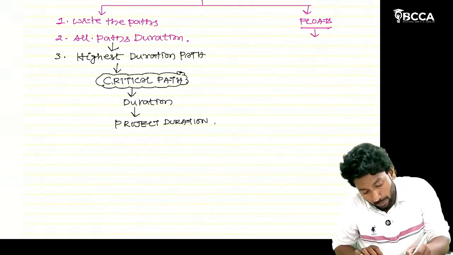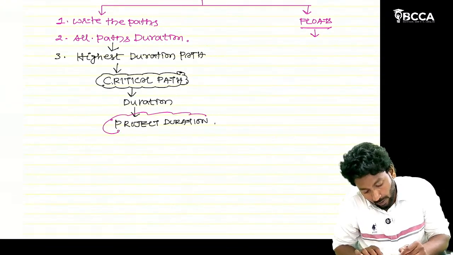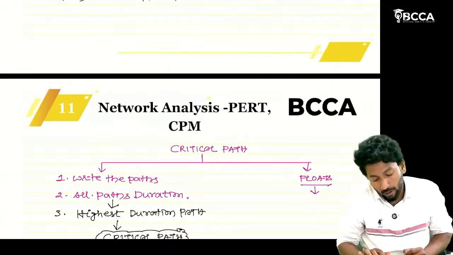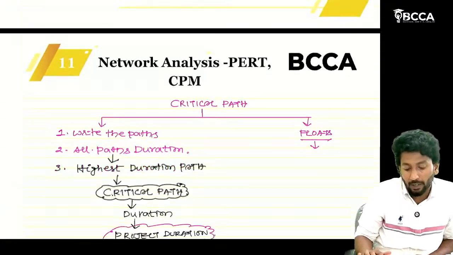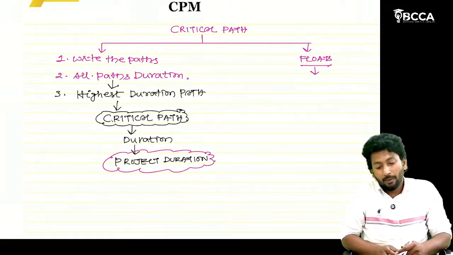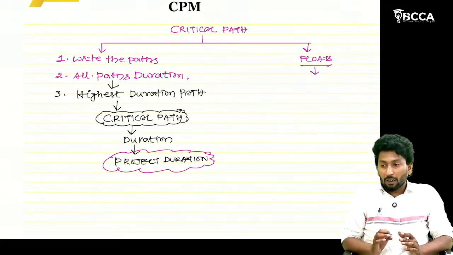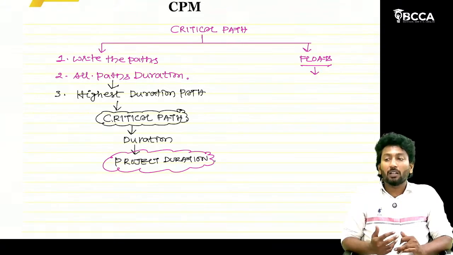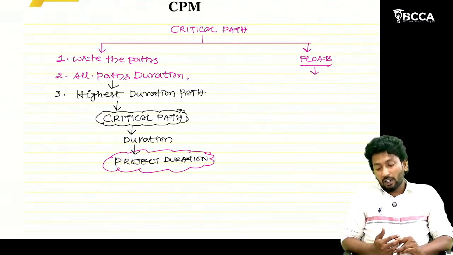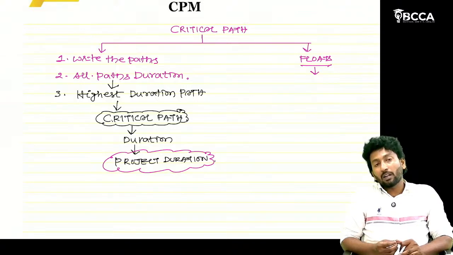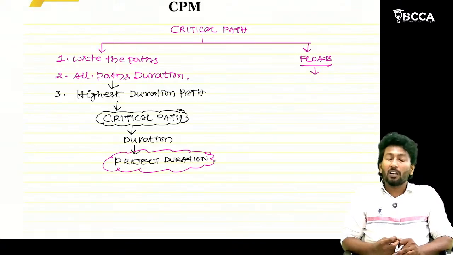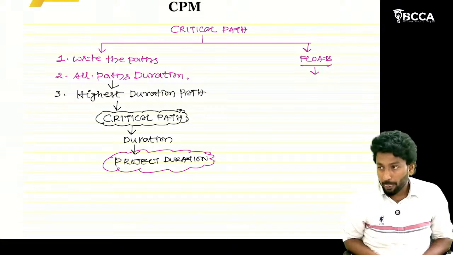What is the project duration? In the above question, the project will be completed in 28 days. So whenever a question asks us to calculate the project duration, directly we can calculate the critical path, and critical path duration is the project duration.